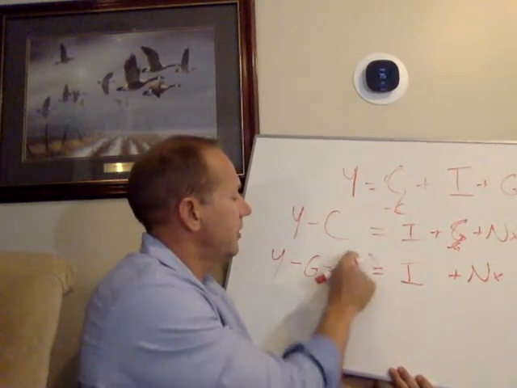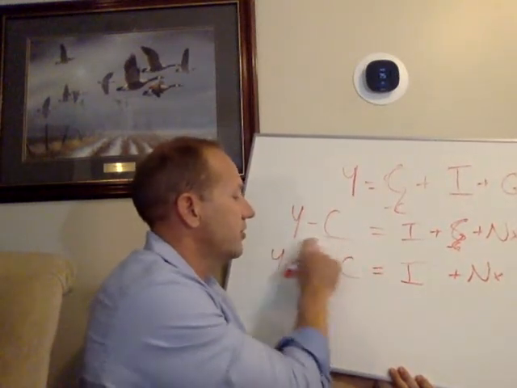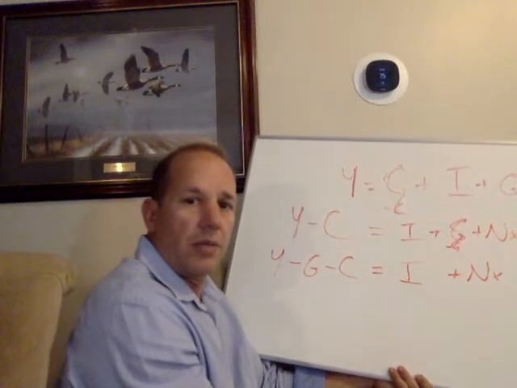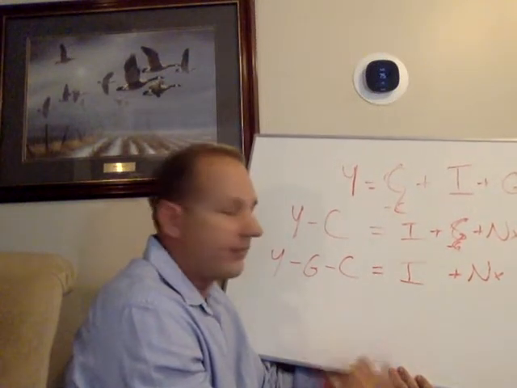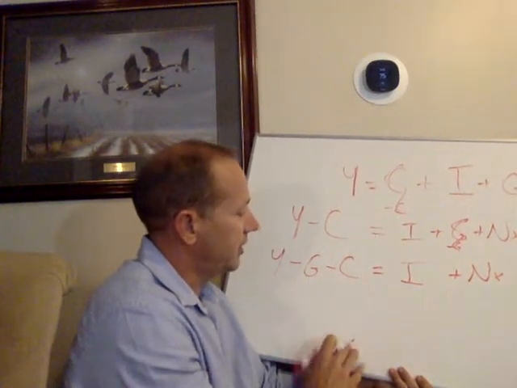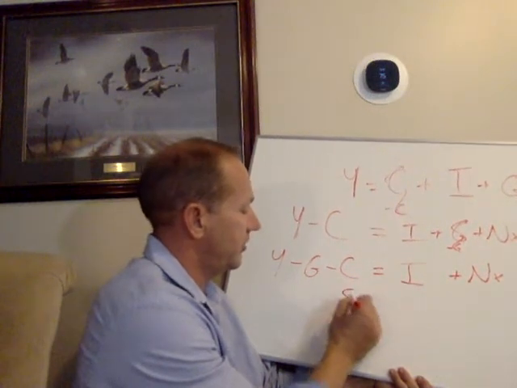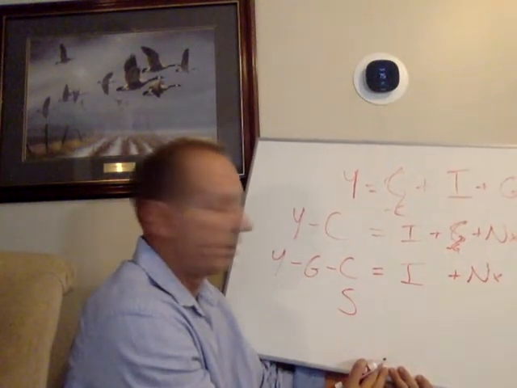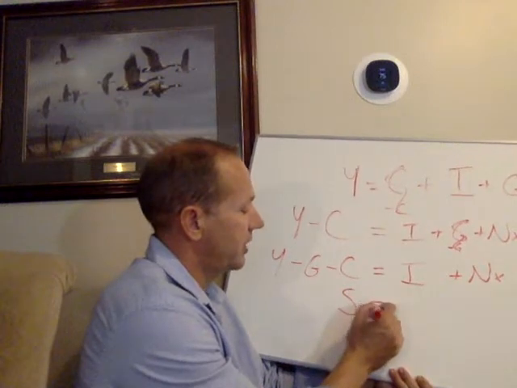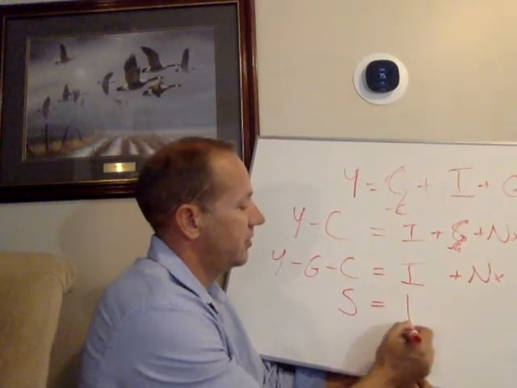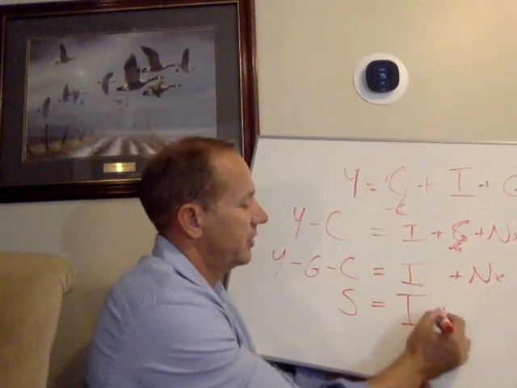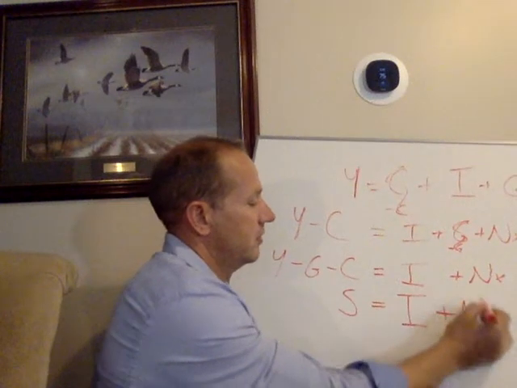So what we're talking about over here on the left-hand side is national saving. We've really derived this already. So since that's what it is, I can just substitute in an S because it's the same thing. So national saving is equal to investment plus net exports.